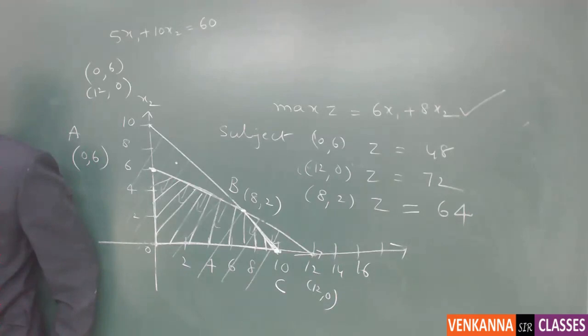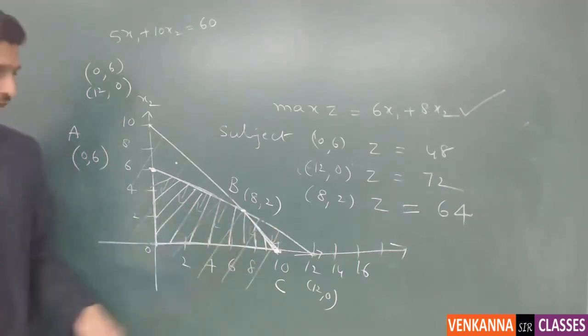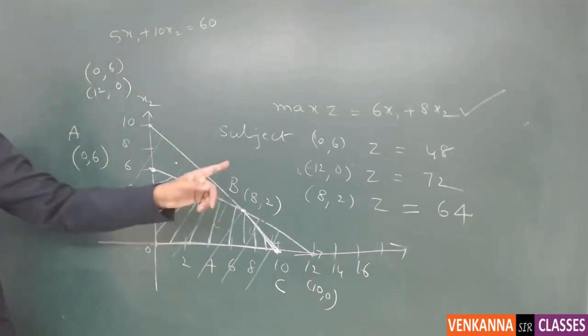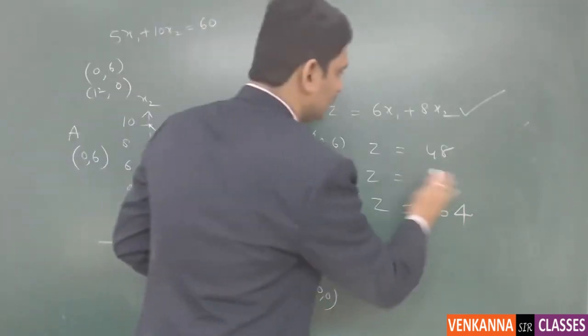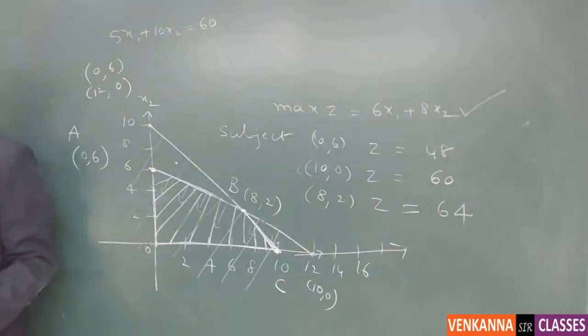Now tell me, is 12, 0 a point acceptable or not? Why? Because if you take a point, it must be before this. So this is the point 10, 0, right? So we are substituting 10, 0. It will be 60. Accepted now? All of you.